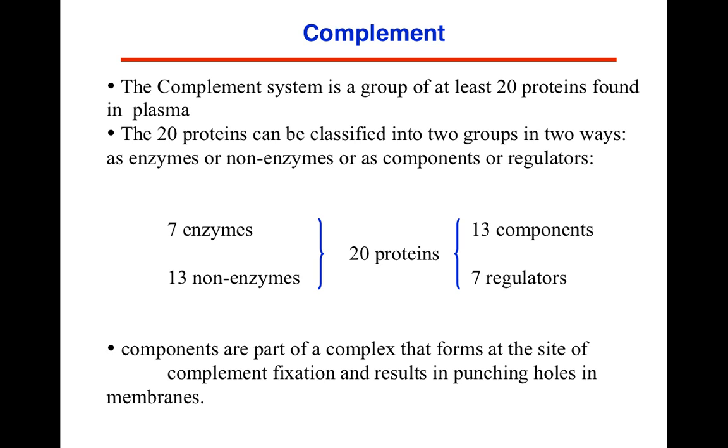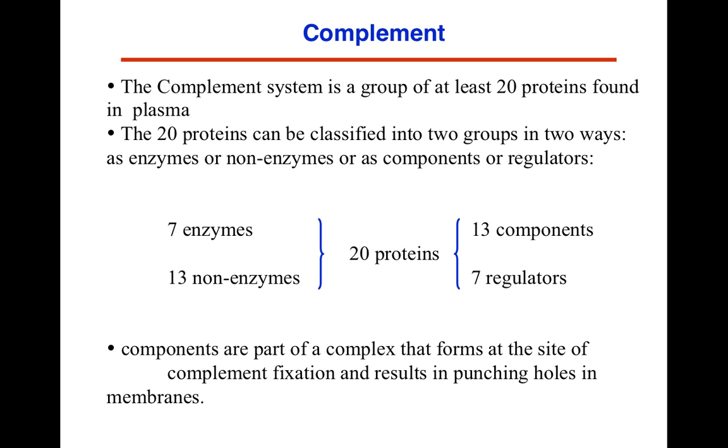Don't worry too much about it. Just pay close attention to the things that are similar and different between the two complement pathways. If you go through this, you'll see it can be organized, even though it's complex, into discrete areas that you can get your hands around.